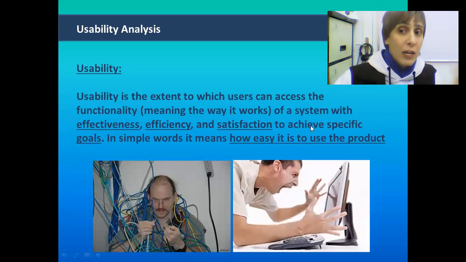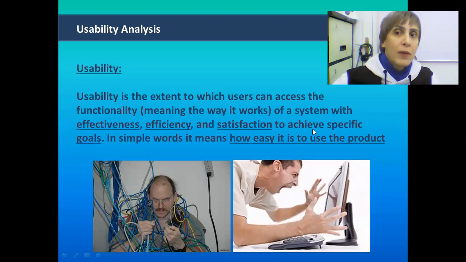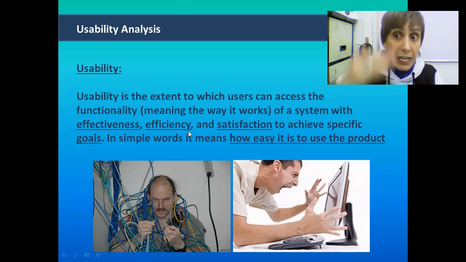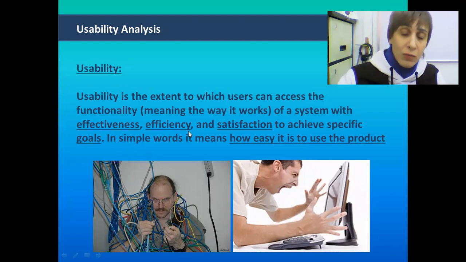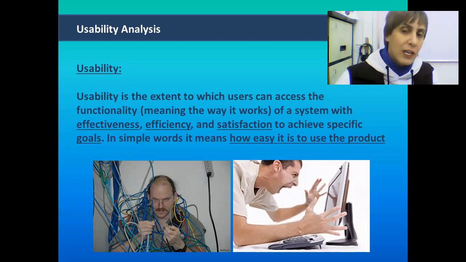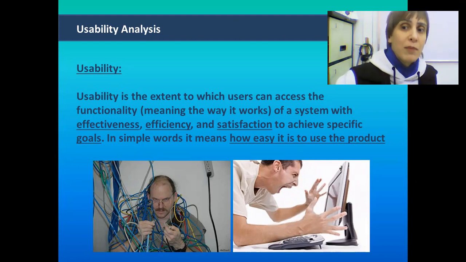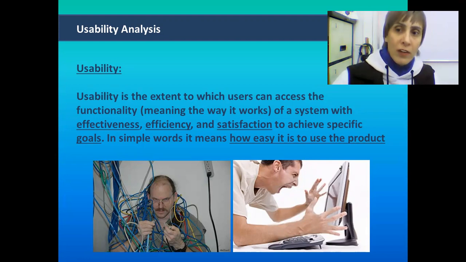It can be easy, it can be difficult. Some products you need to read manuals before you can use them. When you buy something complicated, it comes with a book, and inside it tells you everything about the device and how it's supposed to be used, and in case you end up with problems, what to do, and so on.